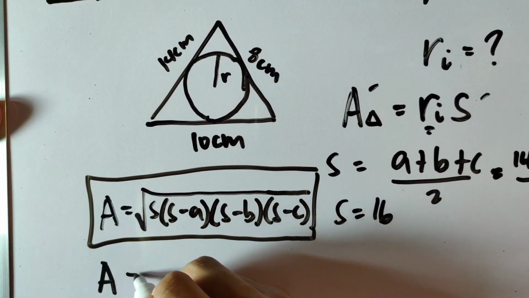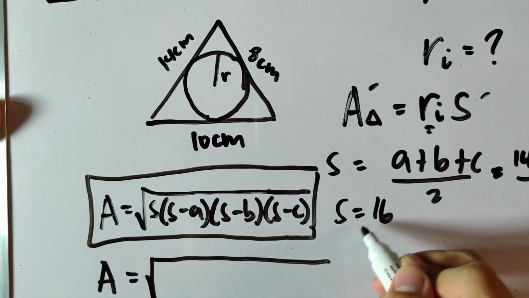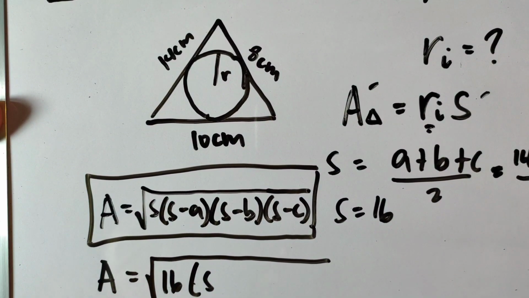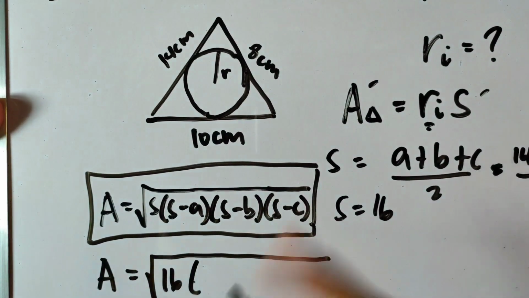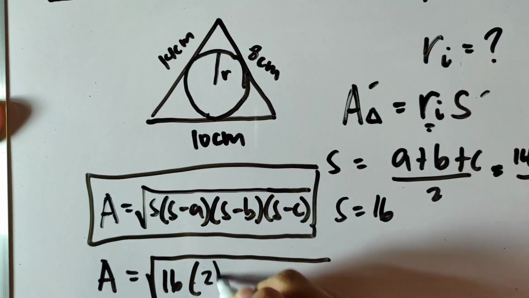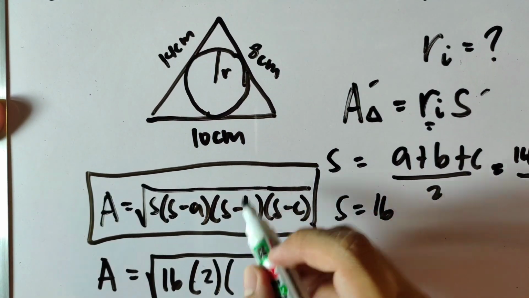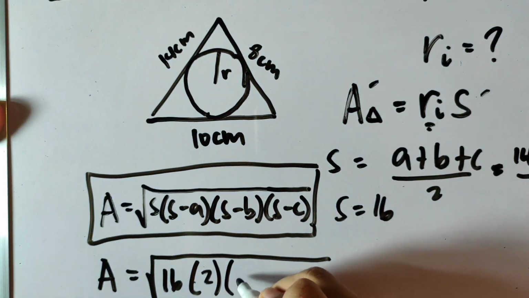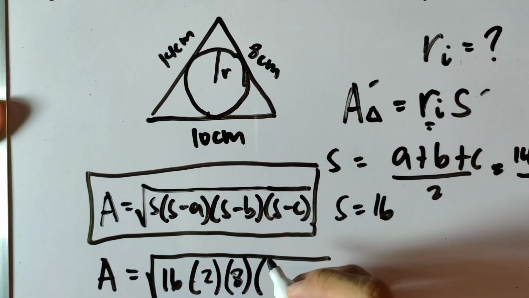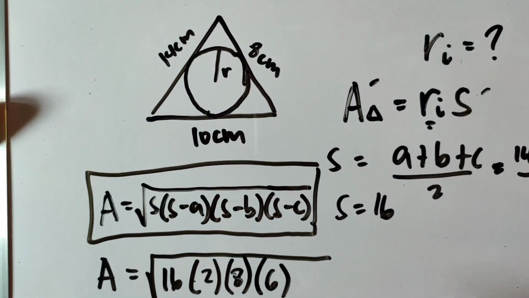So, yung area ng triangle natin is equal to square root of, yung S natin ay 16, tapos S minus A, or 16 minus yung isang side natin, 16 minus 14 ay 2, times 16 minus another side, 16 minus 8 ay 8, times 16 minus 10, 6. So, yun lang yun.